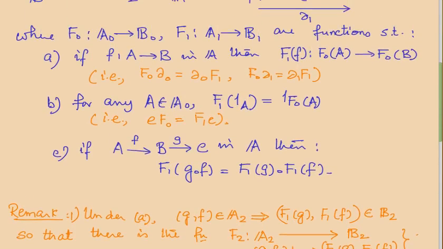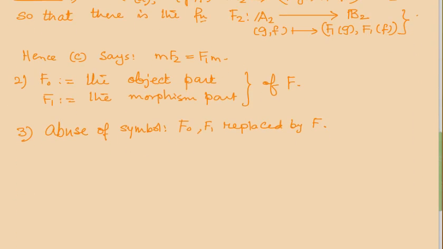It takes objects to objects, morphisms to morphisms, such that if f is from A to B, then F of f is from F of A to F of B, where here I mean obviously the object part of F coming into the picture, here the morphism part of F coming. So this is actually F1, this is actually F0.